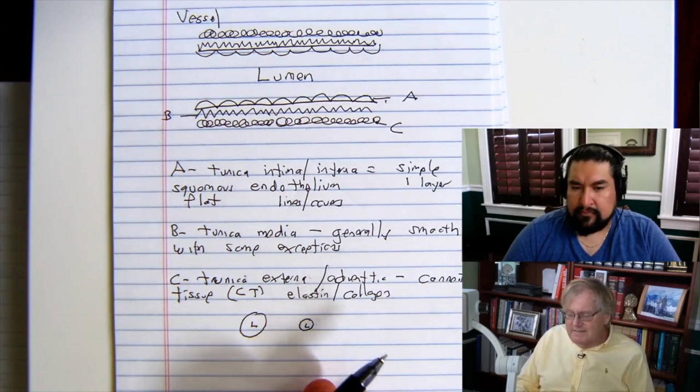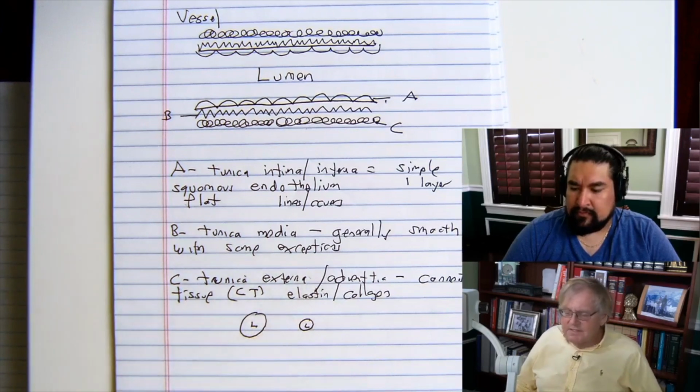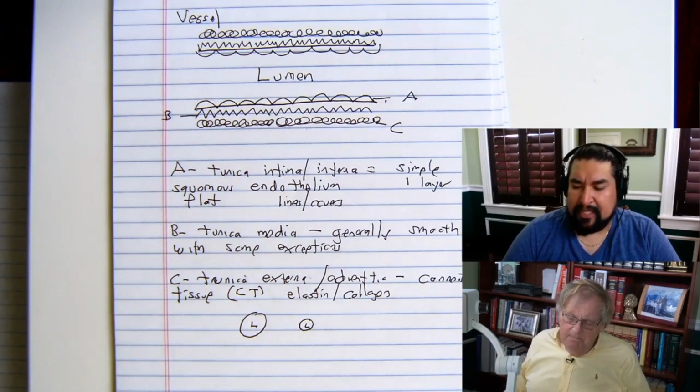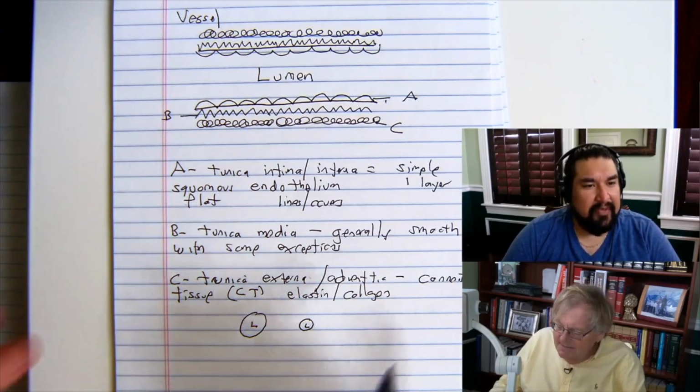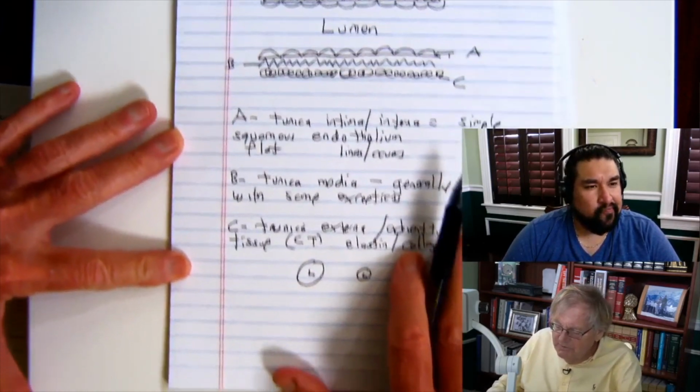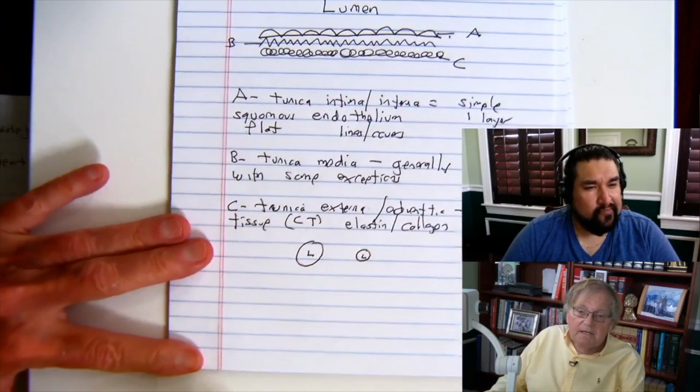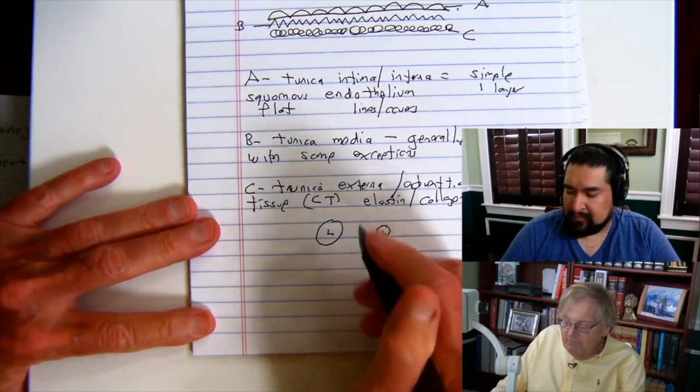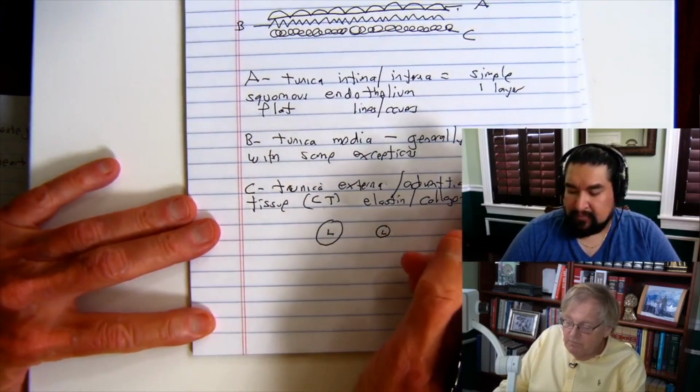I guess the next thing we need to probably address is the type of muscle. What type of muscle do you find in a blood vessel? Again, kind of an exception to the rule that we talked about for a second. And just remember that I said, generally it's smooth muscle.